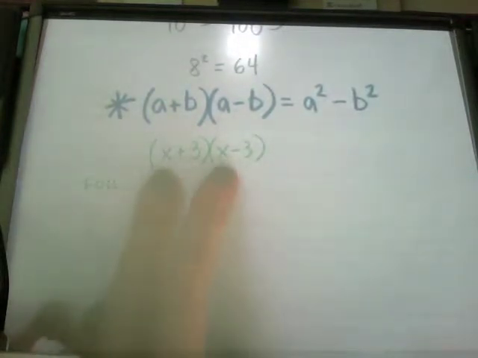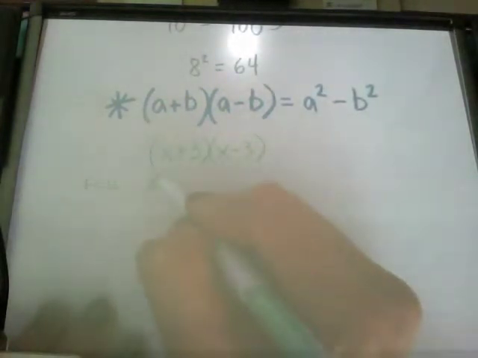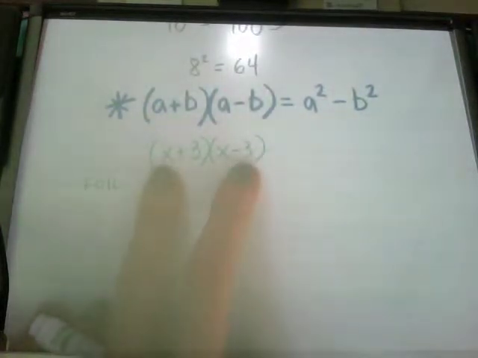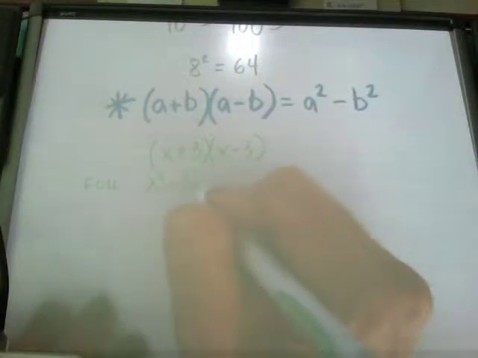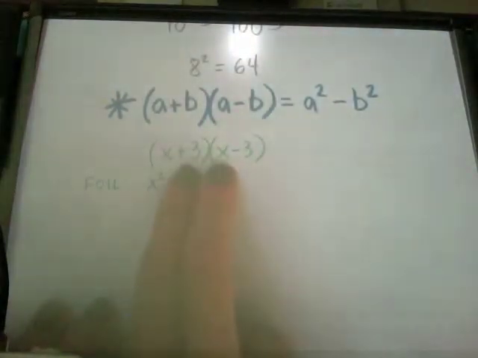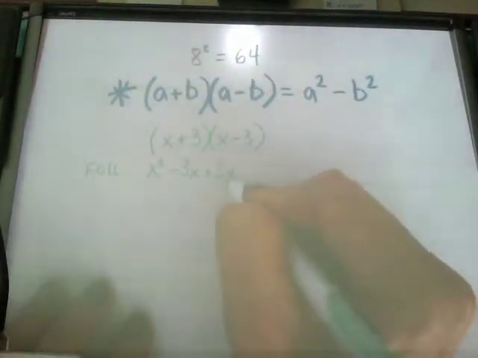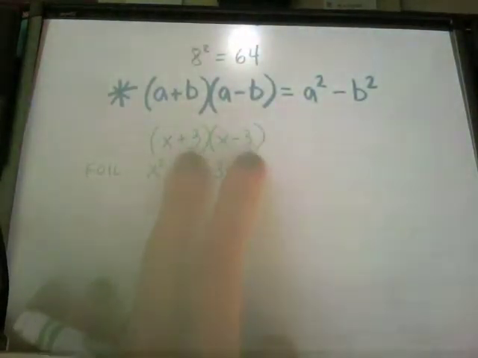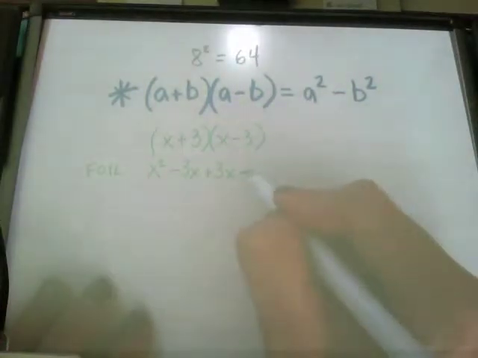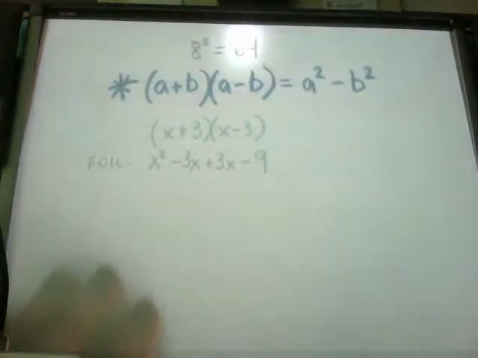If I do first, that's x times x, x squared. Outer, x times -3, -3x. Inner, positive 3 times x, positive 3x. Last, positive 3 times -3 makes -9.